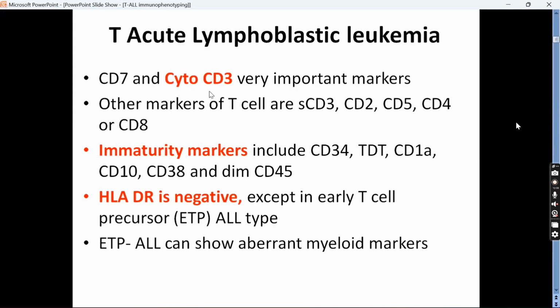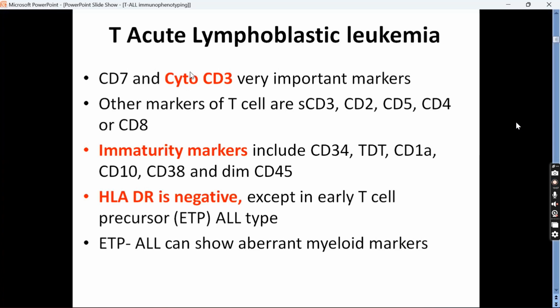Second point, cyto-CD3. We discussed this, it's a lineage specific marker for T cells, right? So cyto-CD3 also will more likely be positive. In 99% or 90% of cases, cyto-CD3 will be positive. Only in the setting of ETP-ALL, which I'll be discussing later, the cyto-CD3 can be slightly dim or rarely negative.